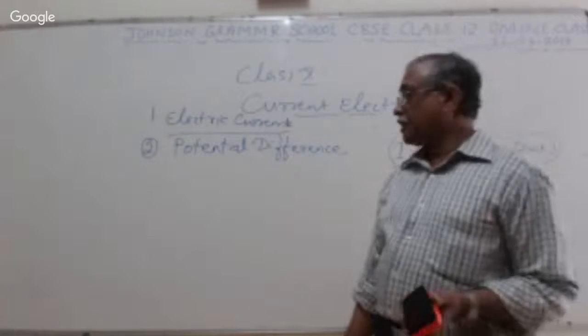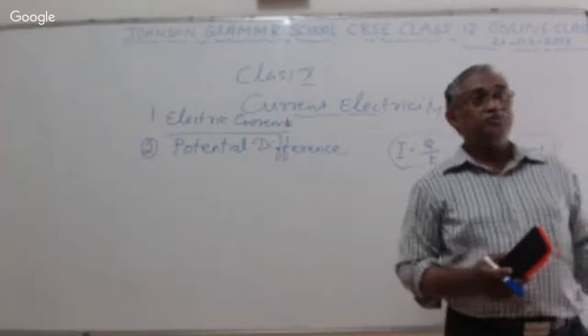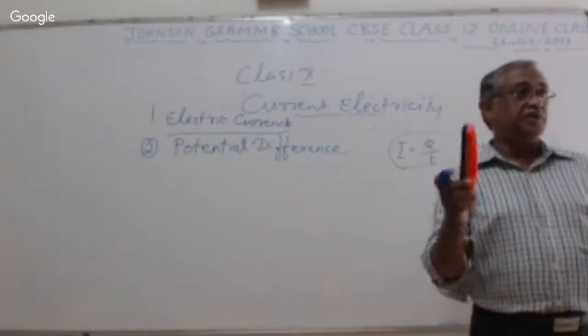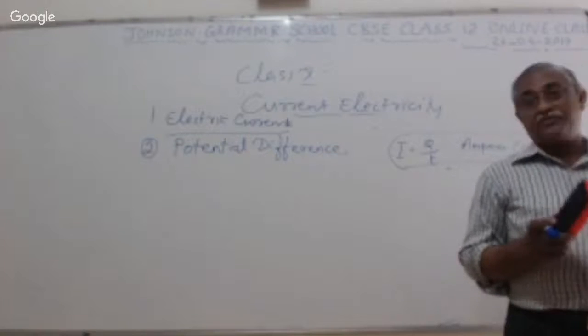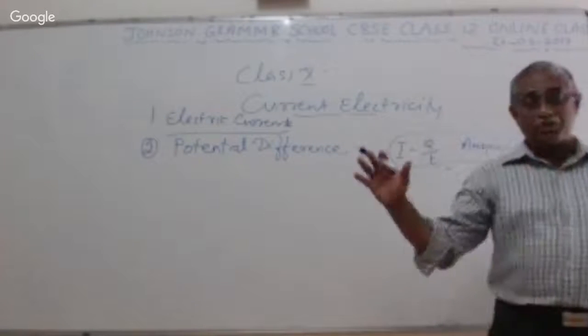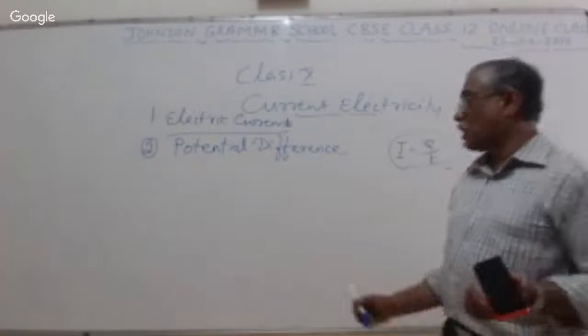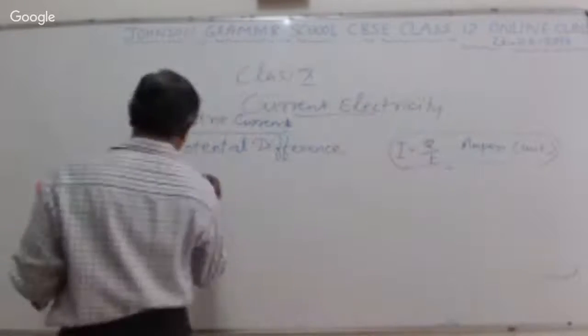Now we are connecting a cell in the circuit. The negative terminal and positive terminal, that is the potential difference across. Due to that potential difference, the electrons start moving. Otherwise, it will be random motion within the conductor. So how do you define potential difference?